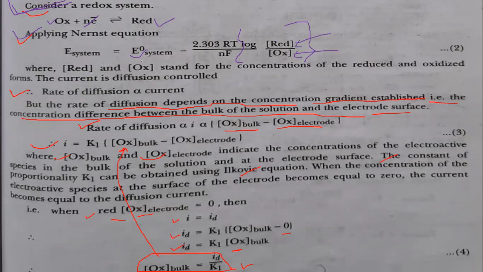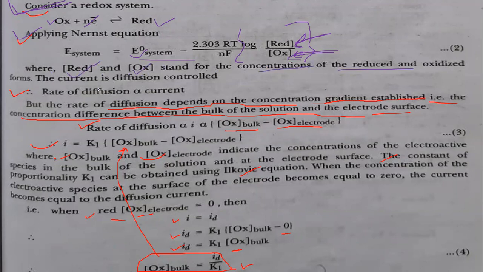Here, this is the concentration of the reduced form, and this is the concentration of the oxidized form of the constituent.